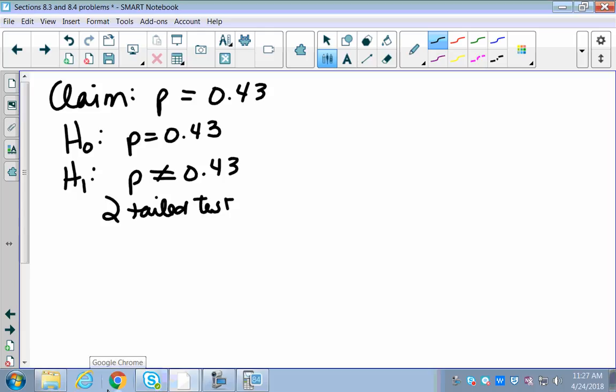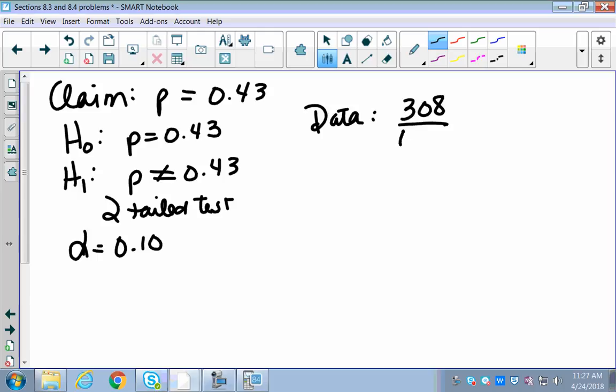My significance level is 0.10. I'm just taking it right off the paper. My data says that 308 out of 611 voters surveyed voted for the candidate who won.